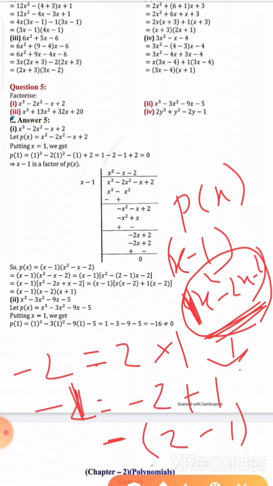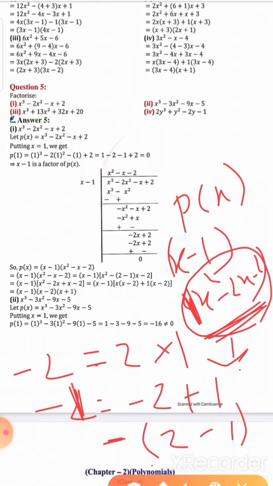Again make pairs and take out the common terms from both, getting x in the bracket with x minus 2, and plus 1 with x minus 2, taking x minus 2 common in both pairs. In the whole, we get the factors of the cubic polynomial as x minus 1 into x minus 2 into x plus 1.